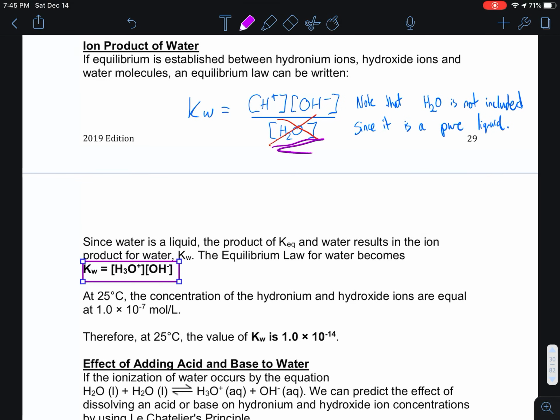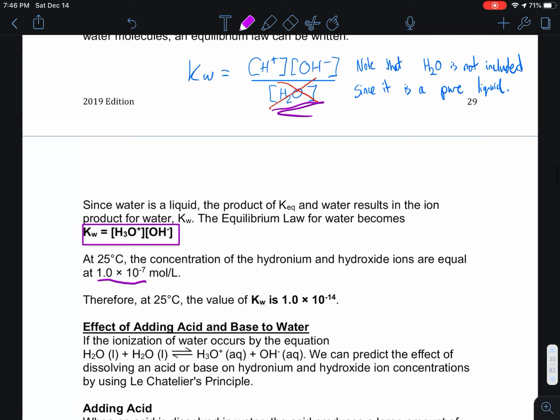So here's our Kw. At 25 degrees Celsius, our standard conditions, the concentration of hydronium and hydroxide ions is 1 times 10 to the negative 7. Does that mean that there are a lot of hydroxides and hydroniums in pure water?